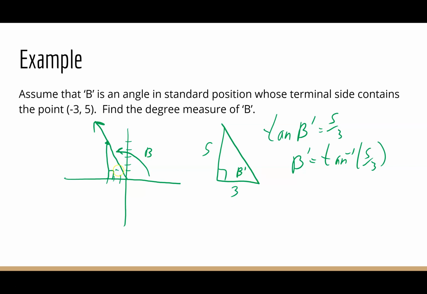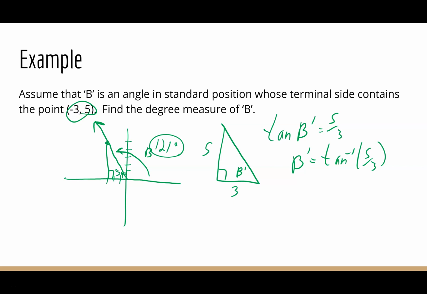So if this angle is 59 degrees, then the supplementary one, so the real angle, is going to be 121 degrees. Okay, so you're using your angle in standard position to find information. Okay, sometimes you'll find angle measures, sometimes you'll find trig ratios, but it all comes down to drawing a triangle using that point.